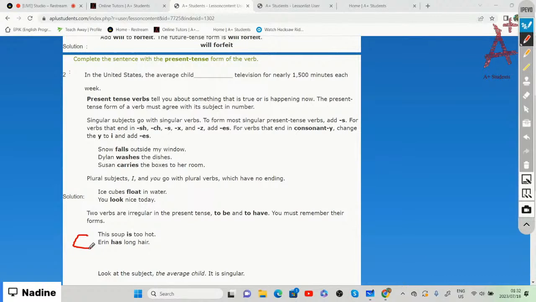Same with Aaron has long hair. So to have long hair means that Aaron has long hair, right? So this means that you need to remember their forms. For example, to be, which is is, and to have, which is has, right? All right.